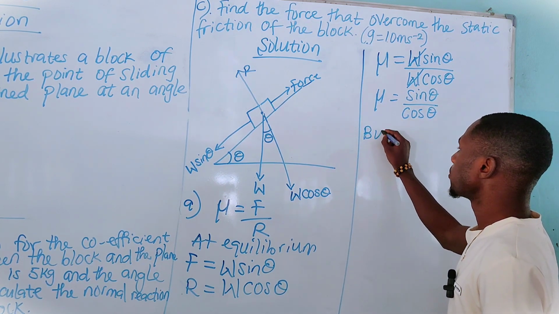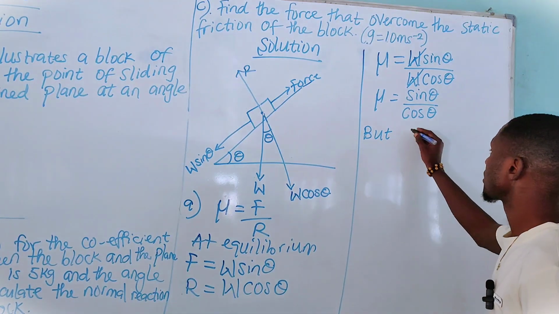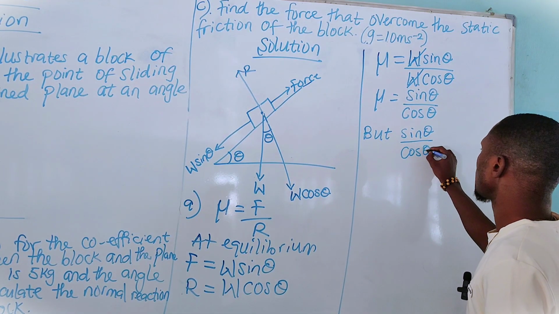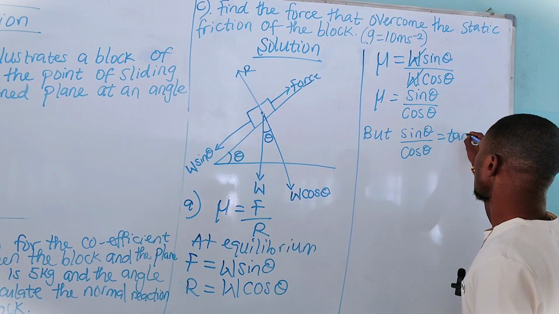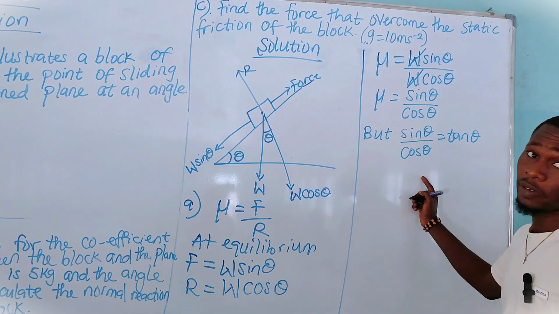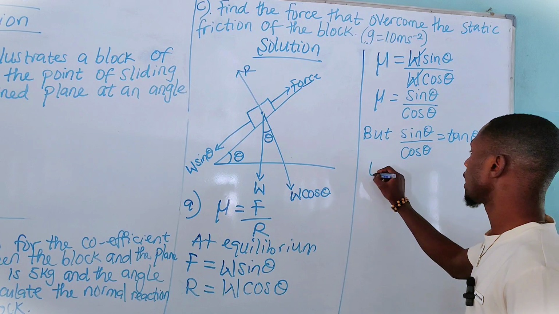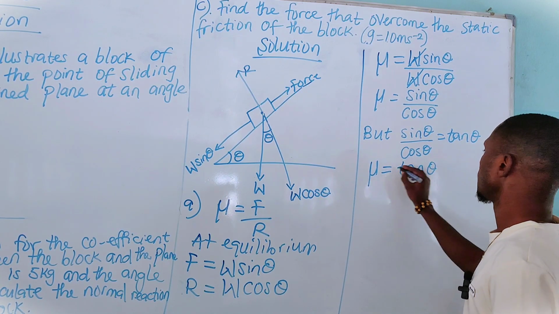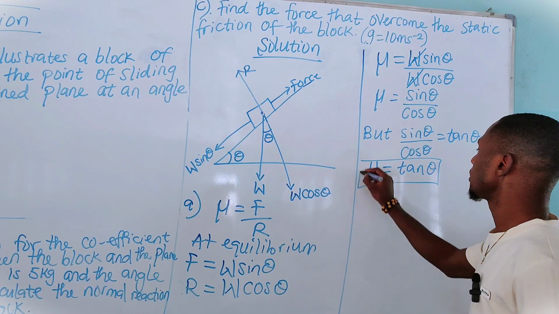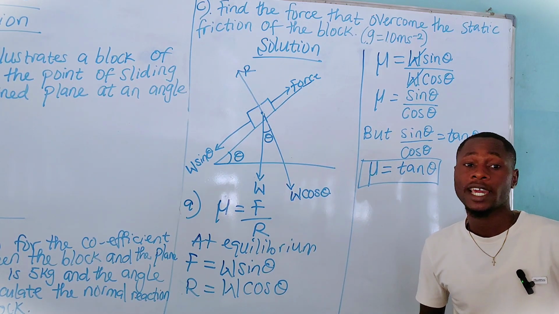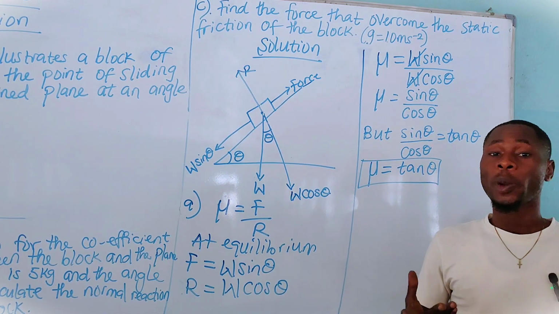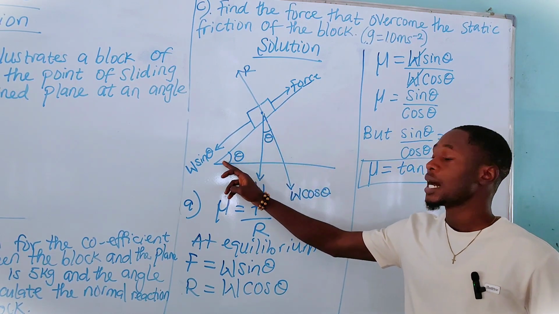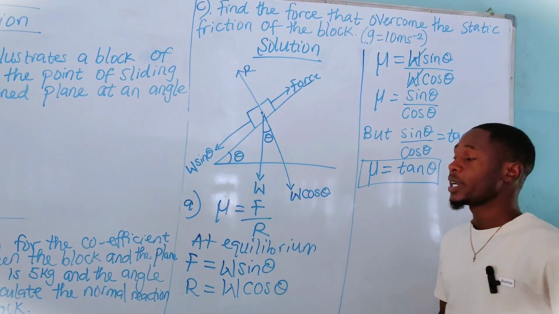But remember from trigonometry that sine theta over cos theta is equal to tan theta. So the coefficient of friction is equal to tan theta. So this gives us the expression for the coefficient of friction for a body that is sliding down an inclined plane.